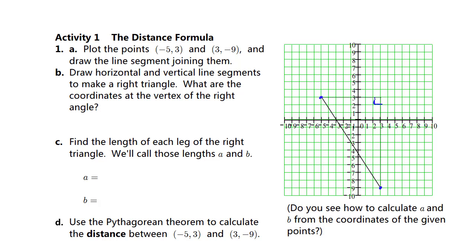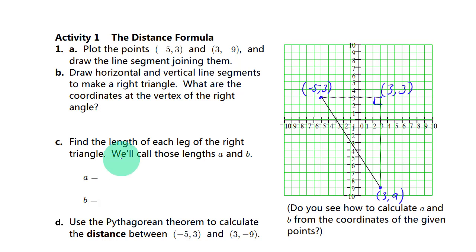Now, let's get the coordinates of the vertex, or the corner, at the right angle. This one has the same y coordinate as this one, so the y coordinate is 3, and the same x coordinate as this other point, so that's also 3. So that's (3, 3). Just label all those right here.